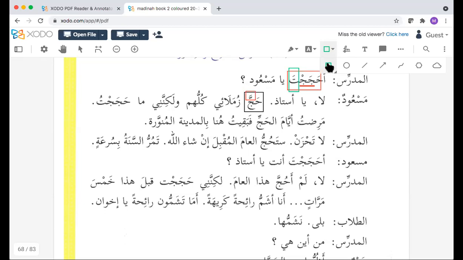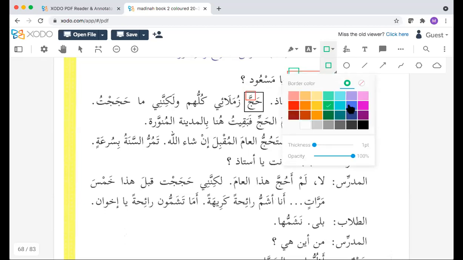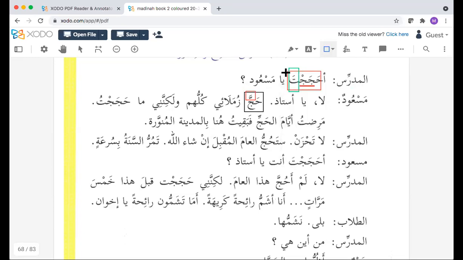Mutaharrik means it has a haraka on it, it doesn't have a sukoon. Therefore, these two letters separate.